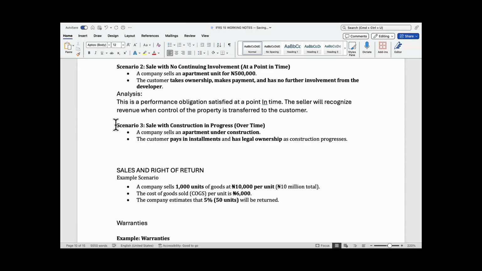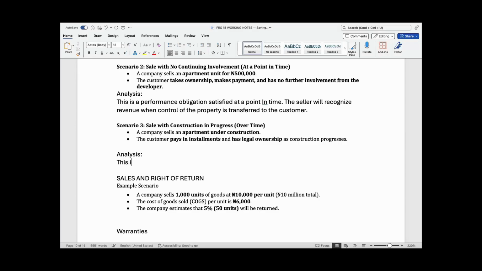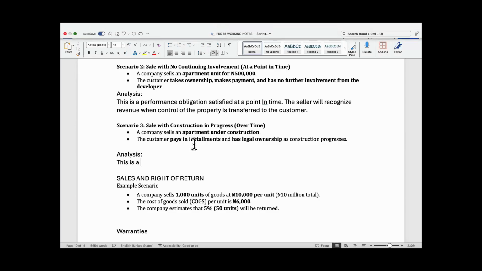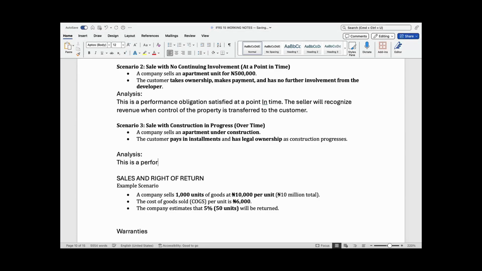The last scenario: a company sells an apartment under construction. The customer pays in installments and has legal ownership as construction continues. So here, again, this is a performance obligation satisfied over time.